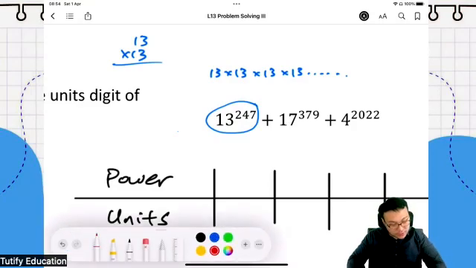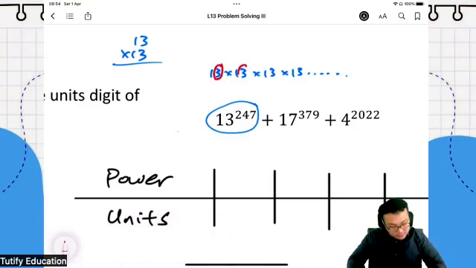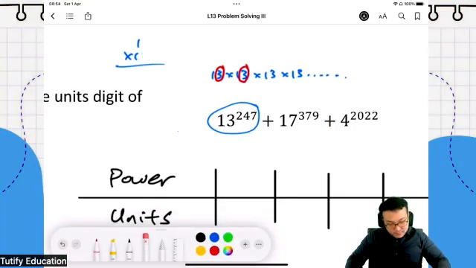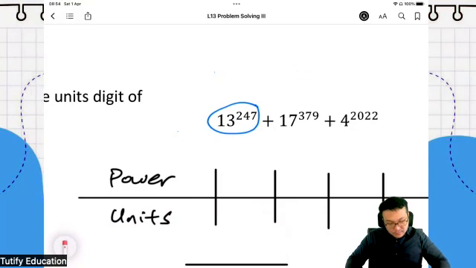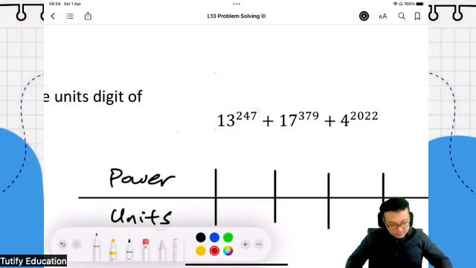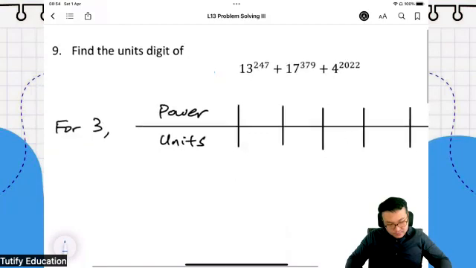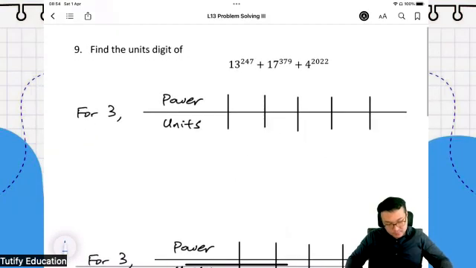It is enough to take 3 times 3. Correct. Then you spot the pattern. Suppose you do 13 to the power 2. Your unit digit will be 9. Then if you do to the power 3, your unit digit is 7. Then if you do to the power 4, let's write it down.